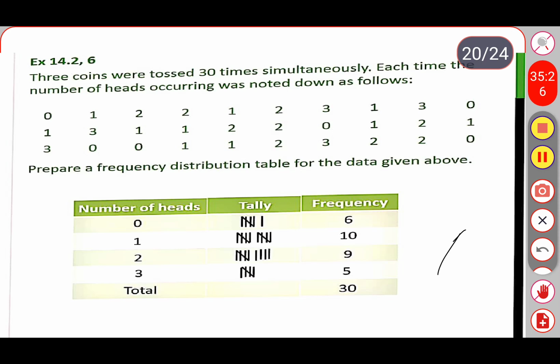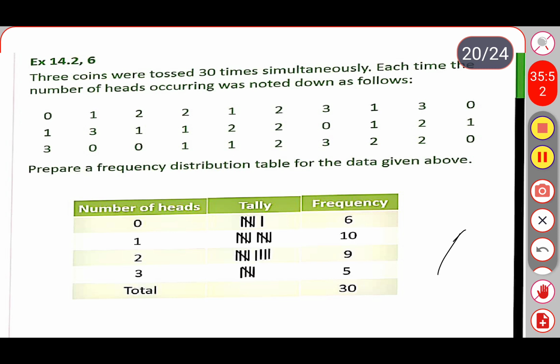So when tossing a single coin, we will get two outcomes. If we are tossing two coins at the same time, we will get four outcomes in total. By tossing three coins simultaneously, we will get 8 outcomes. Later we will discuss this in the probability chapter.